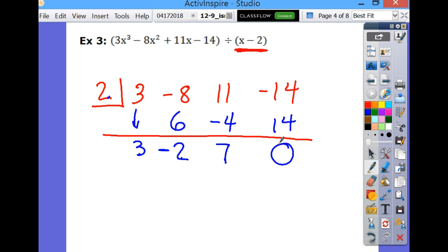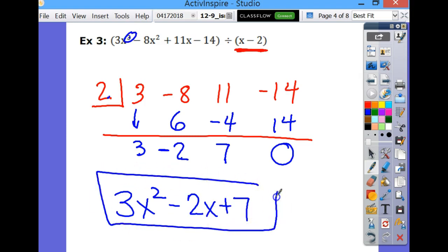This is not your answer. You have to put the x's back into your answer. If this is x to the third power, this is x squared. This goes down by a power of 1. This is your answer because you don't put plus 0. Can you try the next one, please?